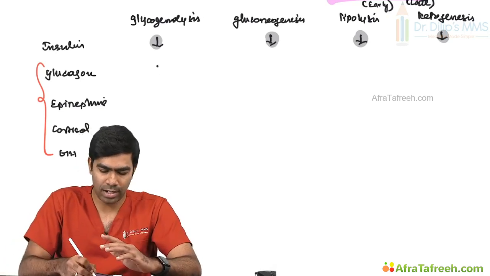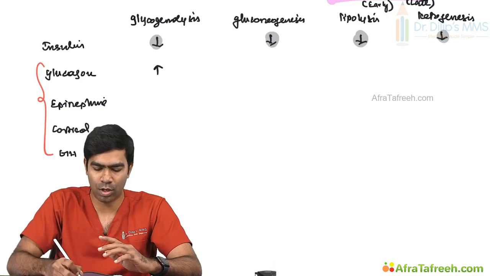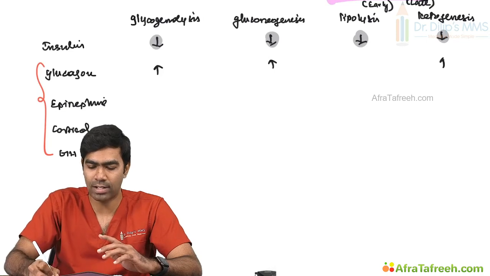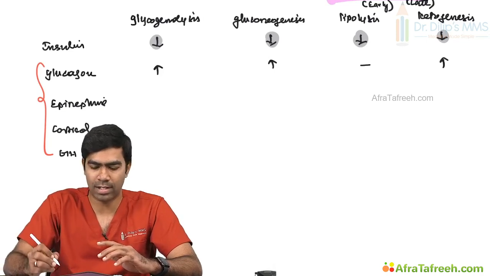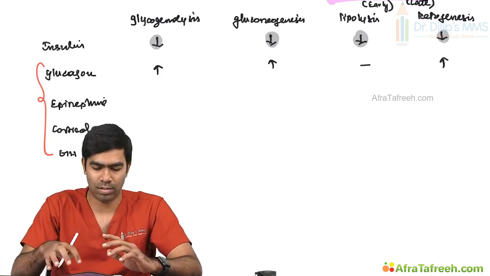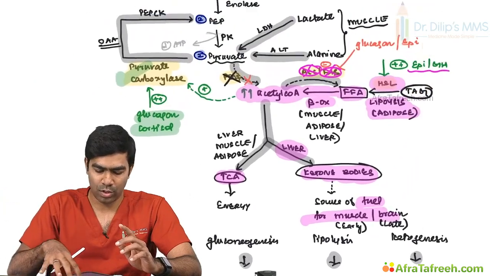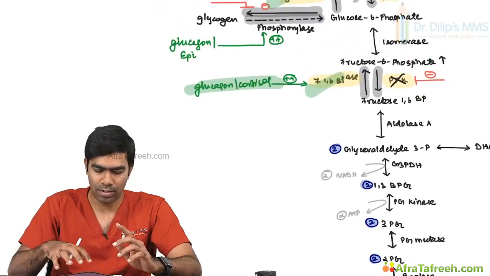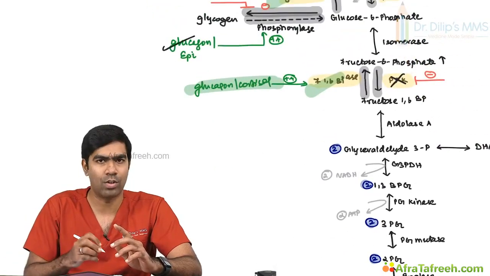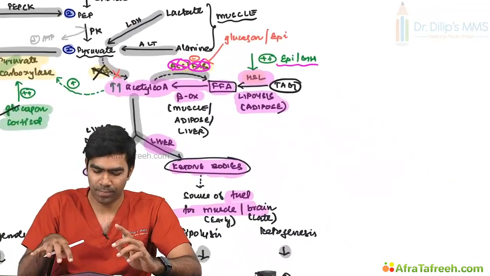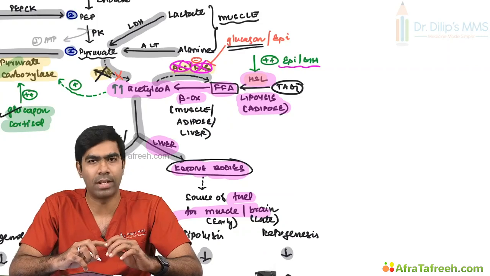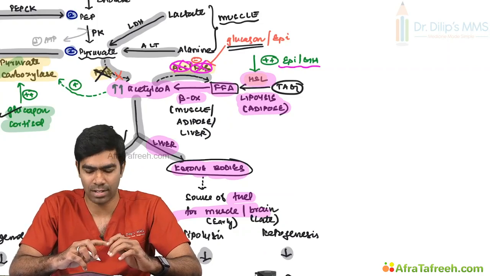Glucagon can increase the gluconeogenesis, glucagon can increase the glycogenolysis, and glucagon can increase the ketogenesis as well, but it has relatively no effect on lipolysis. That's what we're seeing. So what I showed is glucagon is effective in gluconeogenesis, glycogenolysis, and ketogenesis as well by actually inhibiting the acetyl-CoA carboxylase and fatty acid synthase enzyme.